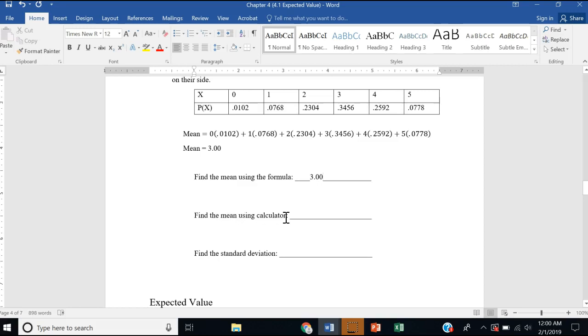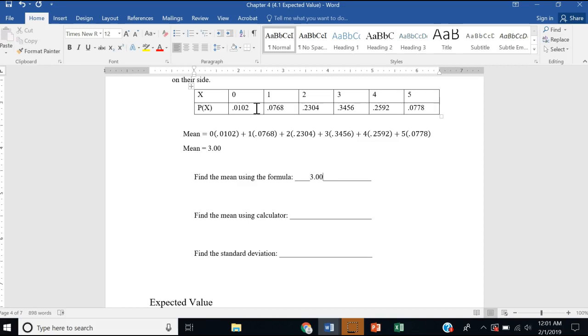We're going to find the mean using the calculator. So we're going to put all of the x's in list 1. Remember how to get there: stat, edit. You should be able to clear out list 1 and put 0, 1, 2, 3, 4, 5 in L1. And in list 2, type in the corresponding probabilities.